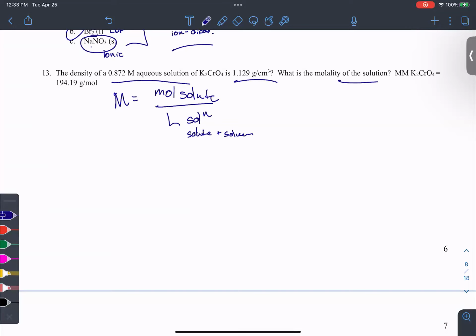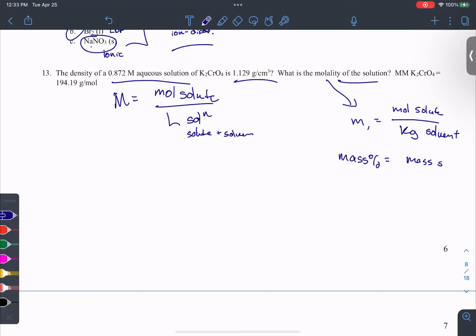Okay, all right. What is the unit of molality? Little m. Moles of solute over kilograms of solvent. Great, yes. For funsies, let's just do mass percent. Mass percent is mass of your solute over mass of your solution.